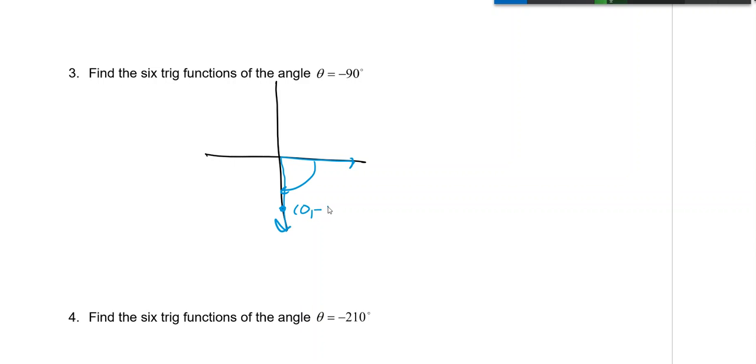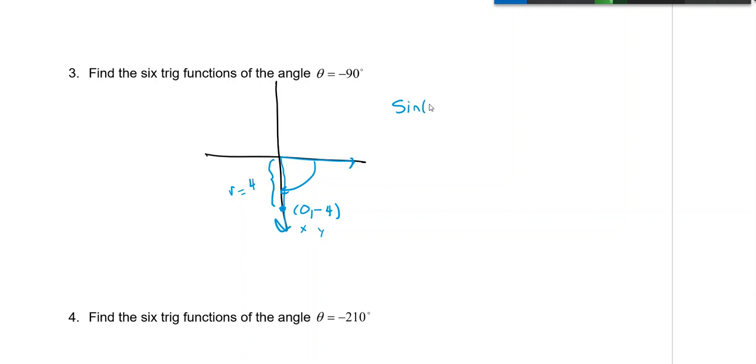Most of the time from here on out we're going to pick 1 because we know about the unit circle now. But let's say I picked (0, -4). That's certainly on that negative y-axis, or that terminal ray. It is 4 units away from the origin. So there's x, there's y, and there's r.